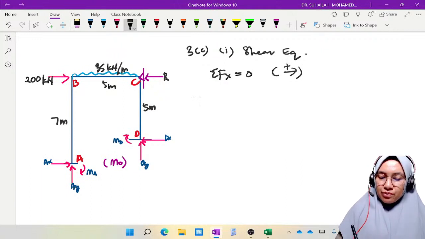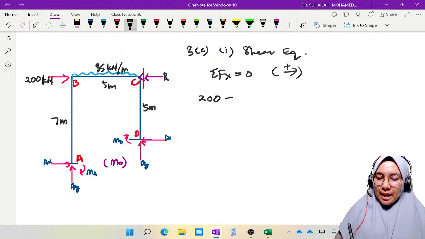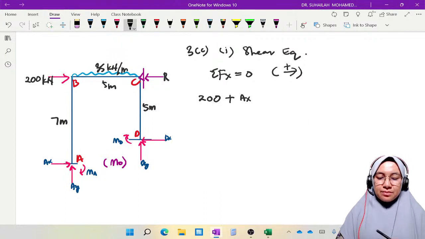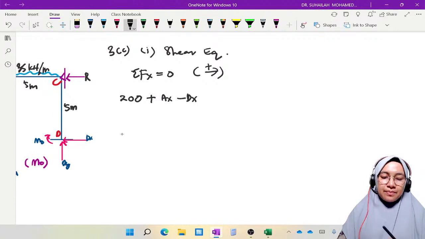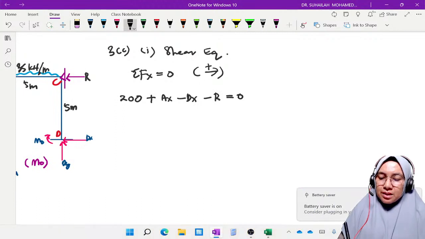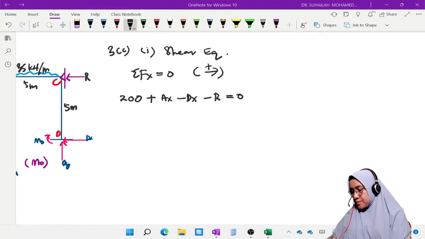So we write: 200 plus AX minus DX minus R is equal to 0.